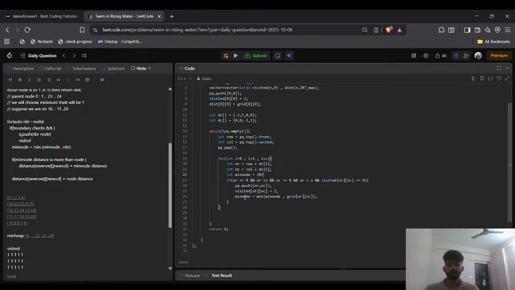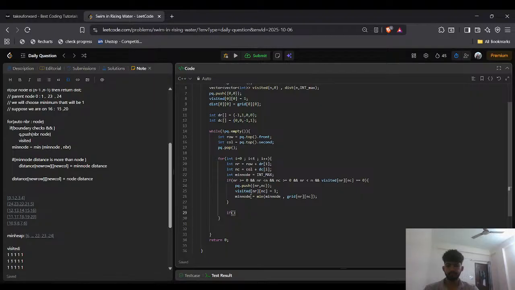Actually, we can take it int max. This is our min node. The distance array. This is the current distance.